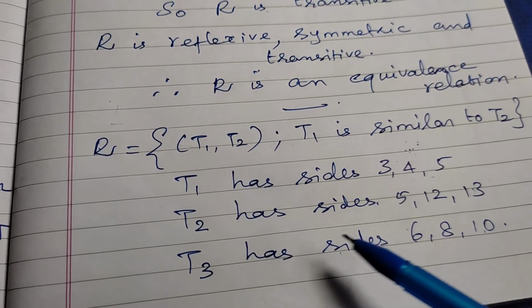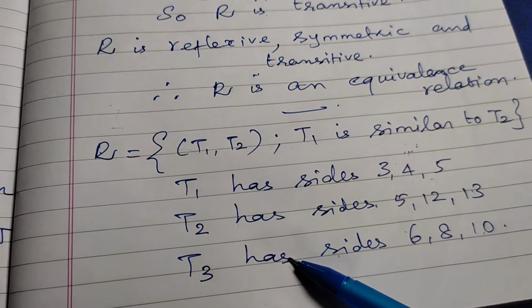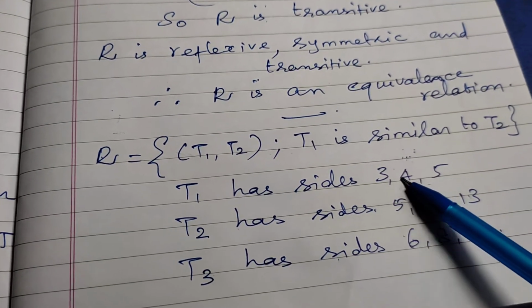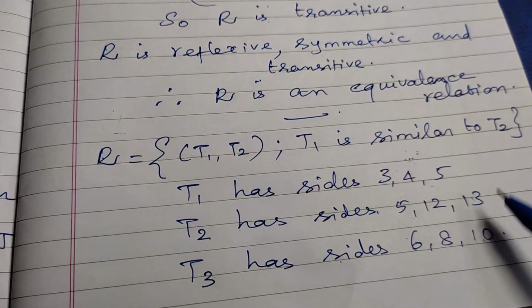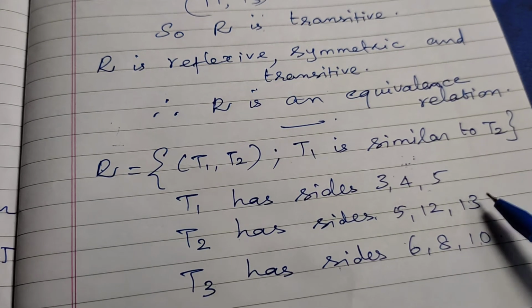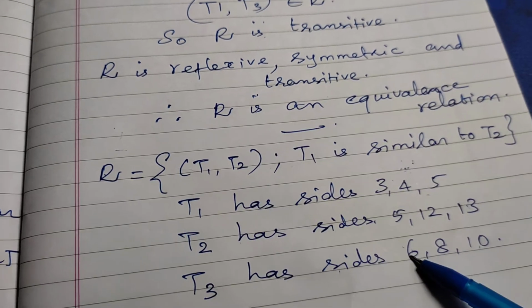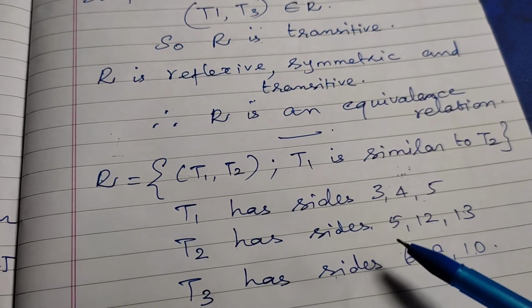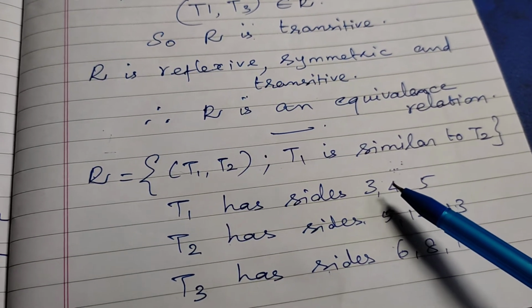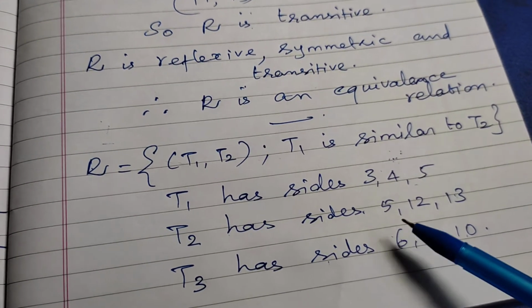If we take T1 and T3, the ratio of their sides are equal, because 3 by 6 equals 4 by 8 equals 5 by 10 equals 1 by 2.